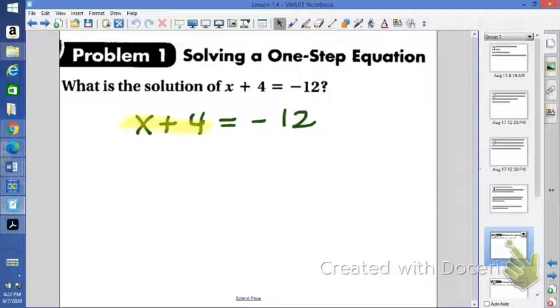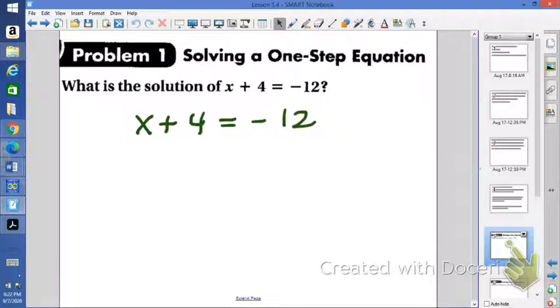So we have an x plus 4 on one side of the equal sign. Can we combine like terms to simplify? No, we cannot. Those are not like terms. Over on the right-hand side, we just have negative 12. All right, so we skip through the first step.